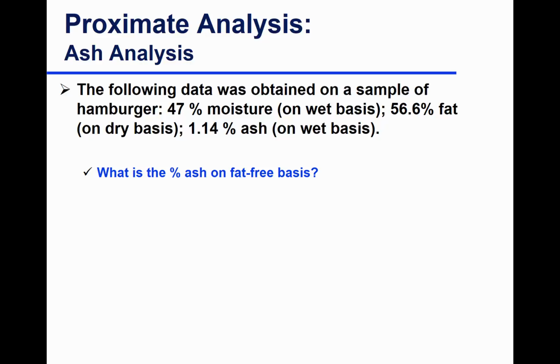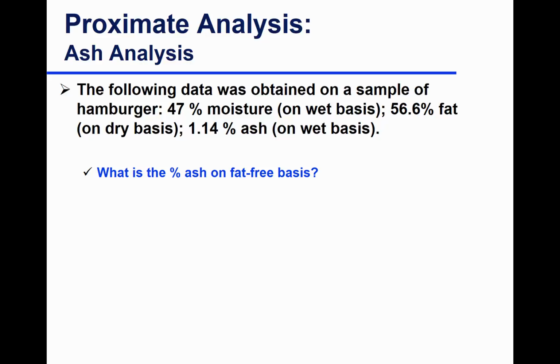56.6 divided by 100. In this case, your denominator is your 100, because that is your total. That's everything. Okay, so you want to get the percent fat in here, but then here is where you have your moisture content.